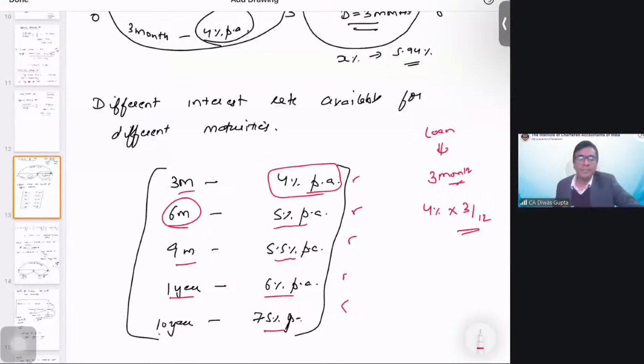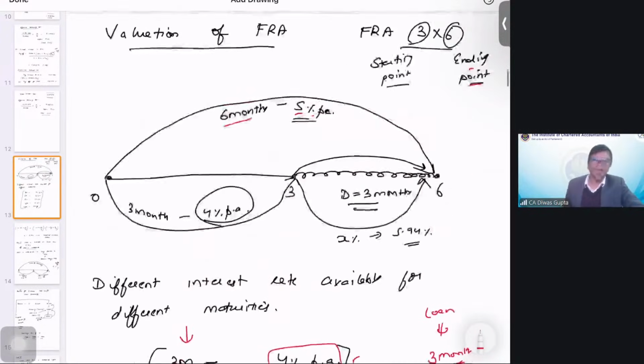Now, since the market will quote you different interest rates basis their different maturity profiles, we can calculate the future interest rate that we were talking about. Yes, Saminathan, you're right. Less time, less risk. Longer time, longer risk, which is fine. So what I'm saying is, you have an interest rate for 0 to 6 months, which is continuing as of today.